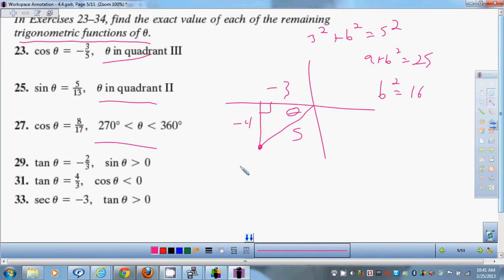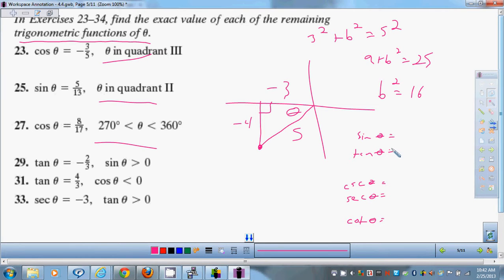Now from here, all you have to give me is sine of theta, tangent of theta, because cosine was already given, cosecant theta, secant theta, and cotangent of theta. So, what would sine of theta be? Negative 4/5.